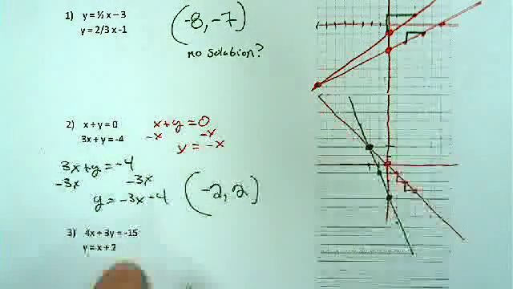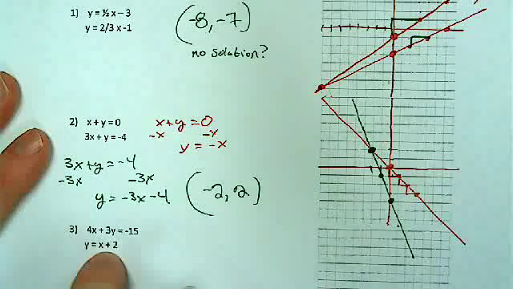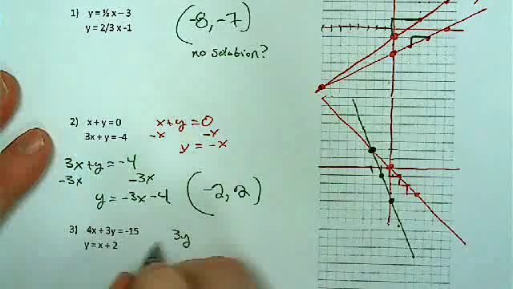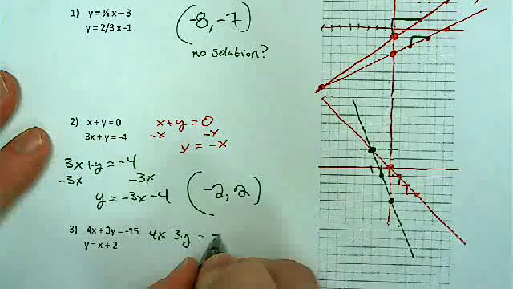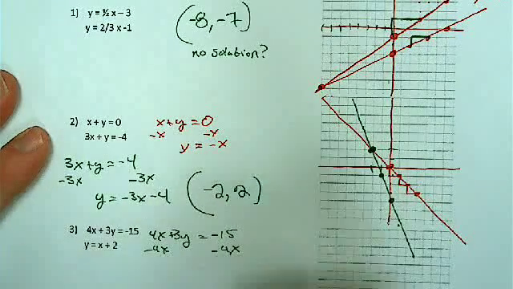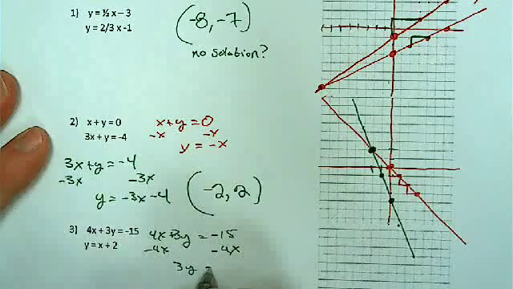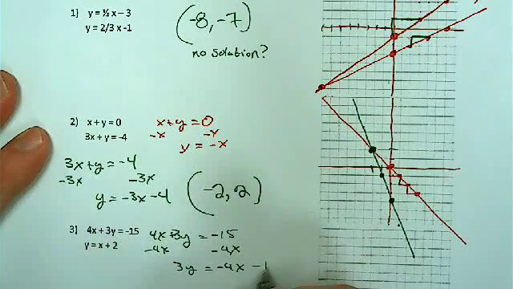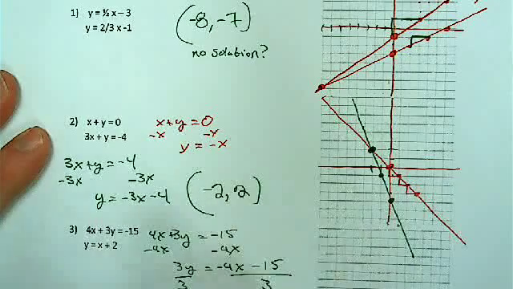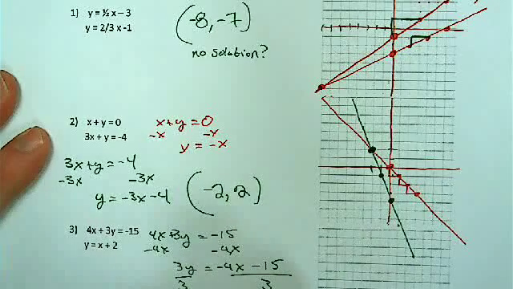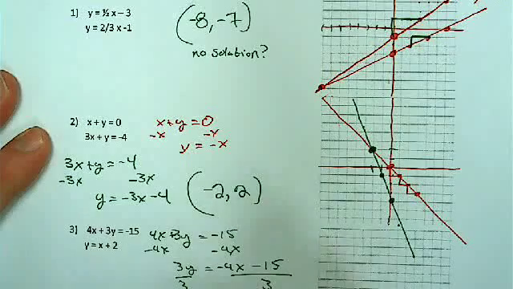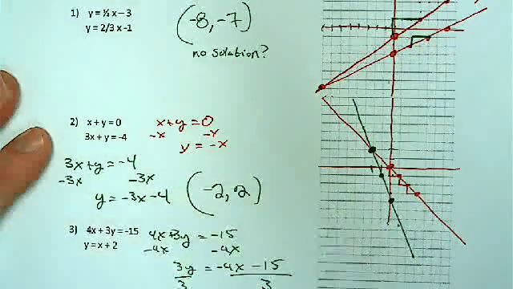My last one now, and this again, this one is ready to graph, this is not. So 3y + 4x = -15. Subtract 4x from both sides, leaves me 3y = -4x minus 15. Divide both sides by 3. I get y is equal to -4/3 x, and then 15 divided by 3 is -5.